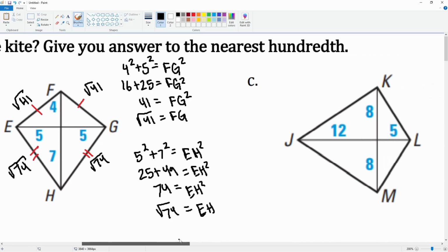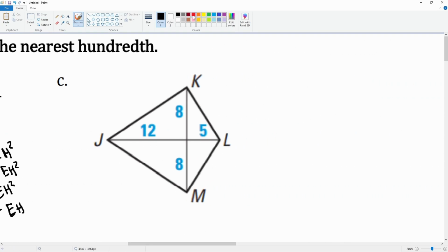Then let's look at C. We know that line JK is congruent to line JM. Line KL is congruent to line LM. All right.